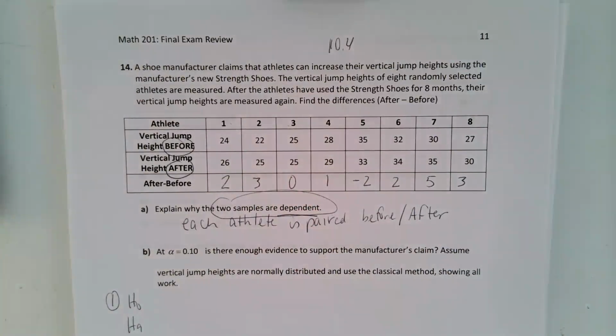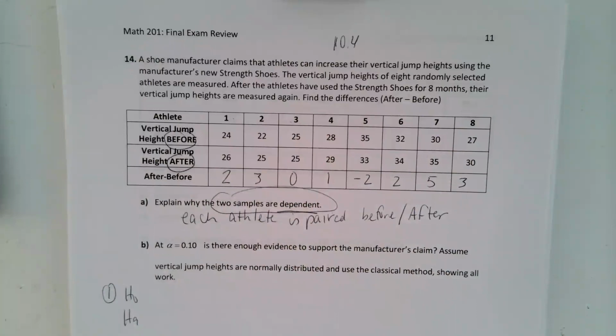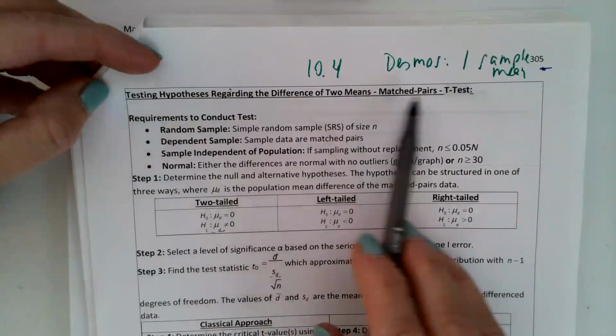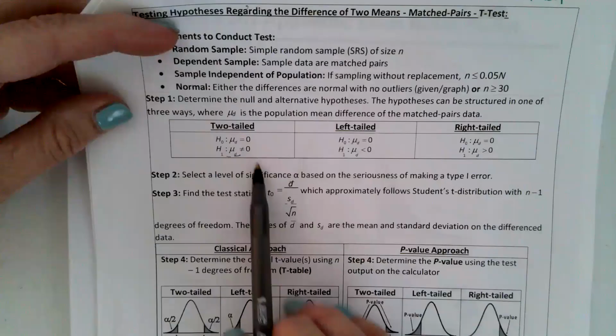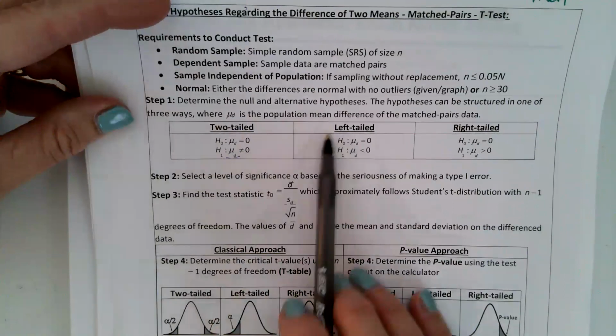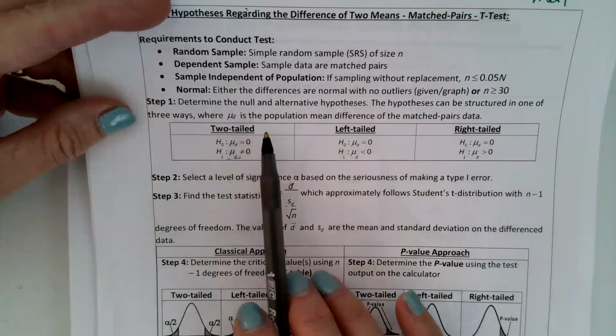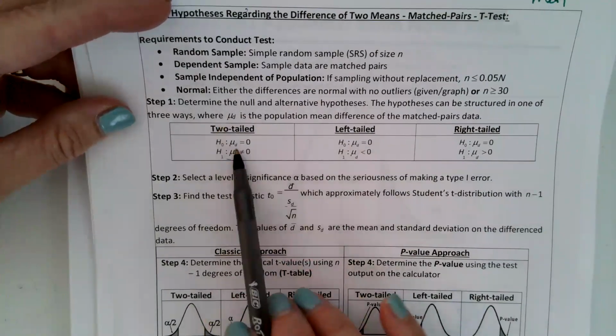H0, Ha. We're going to go to our formula packet for 10.4. Remember, that's page 305, two means that are matched pairs. This is exactly how you're going to write your hypothesis. You're not going to write subtraction of before and after, you're going to write the difference.